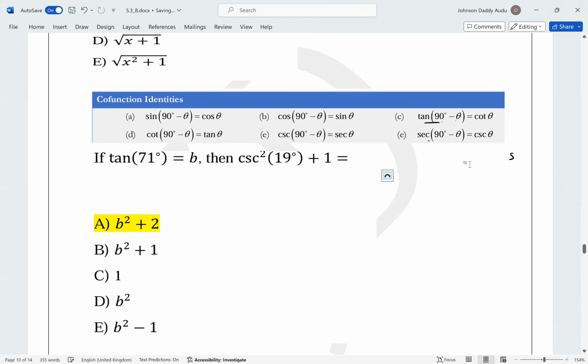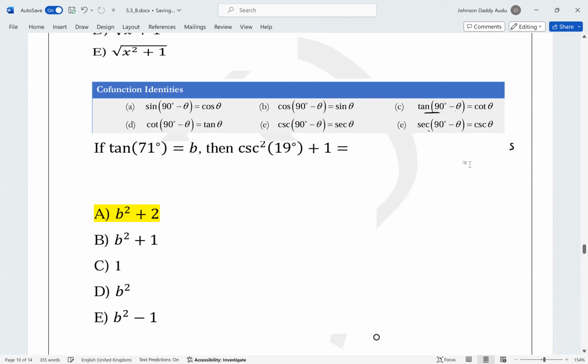All right. So here, what do we want? Look, tan 71 is equal to B. But what is tan 71? There is a co-function identity between tan and cotan, right?